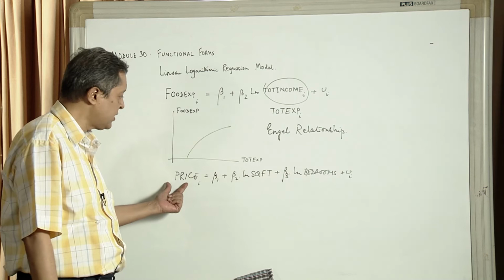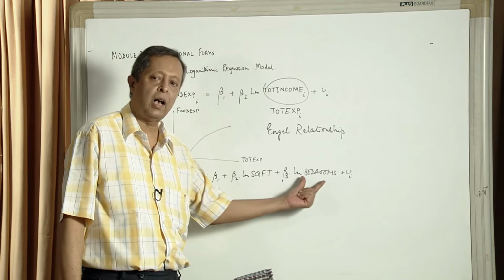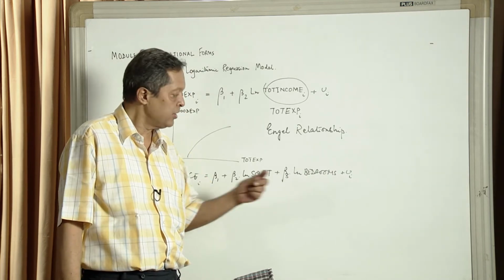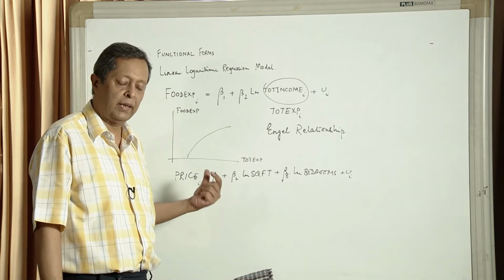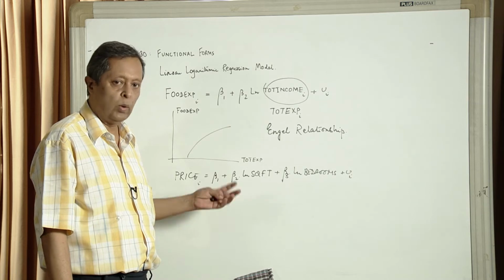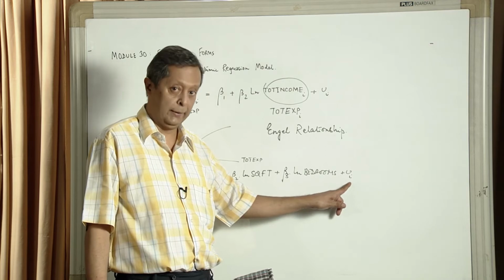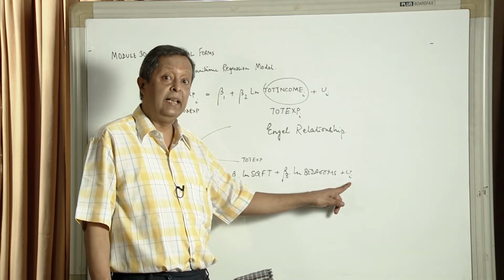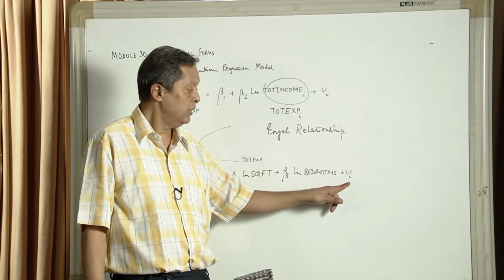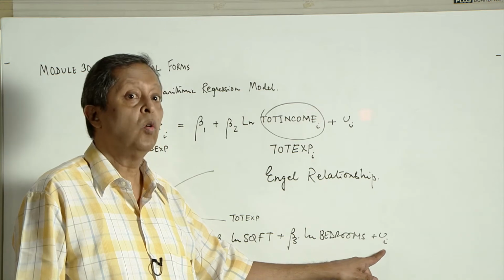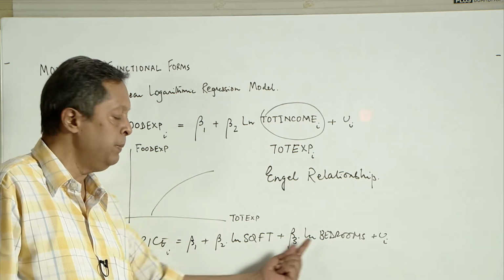So, y is regressed on say x2 star, which is logarithm of square feet, and x3 star, which is logarithm of bedrooms. And the same estimation procedures, same procedures giving rise to the sampling distributions, they once again hold good because of the classical properties of the ui, which is basically independent normal with mean 0 and variance sigma square, and independent obviously means there is no correlation, and also there must be no multi-collinearity between the variables.